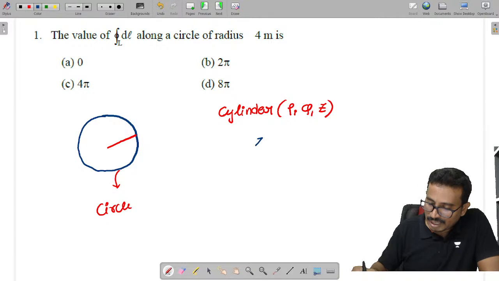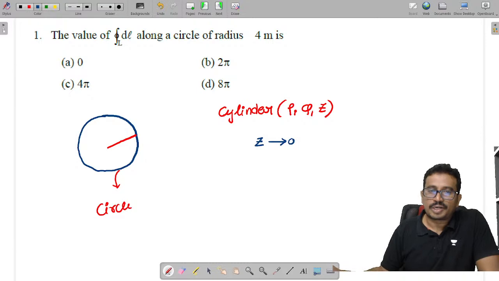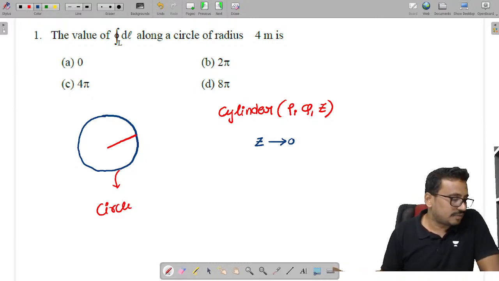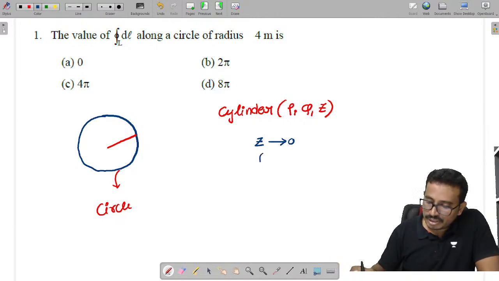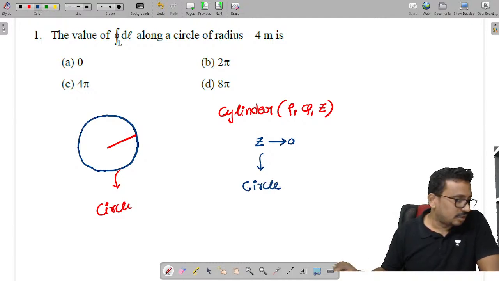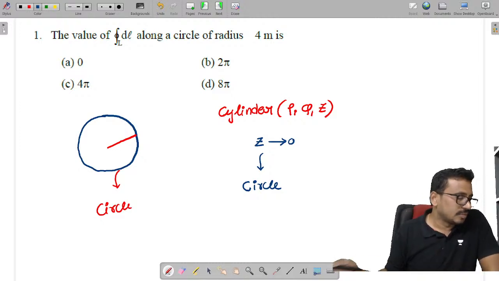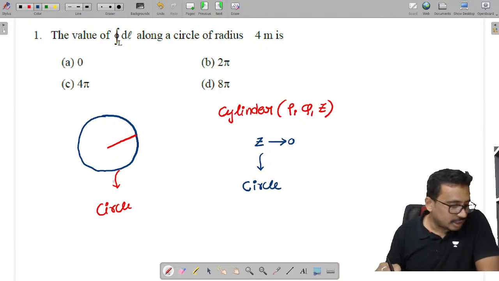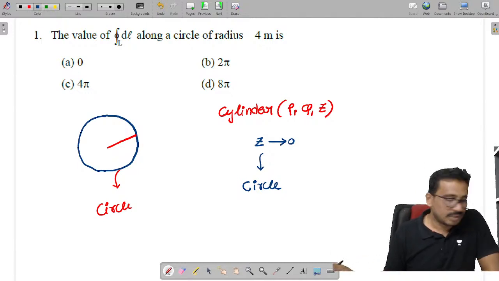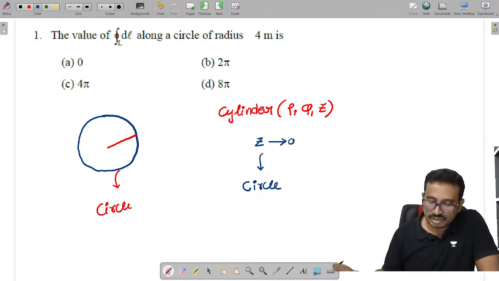As the height of the cylinder tends to 0, what happens to the cylinder? It will become a circle. Yes. So circle is nothing but a cylinder having height 0.